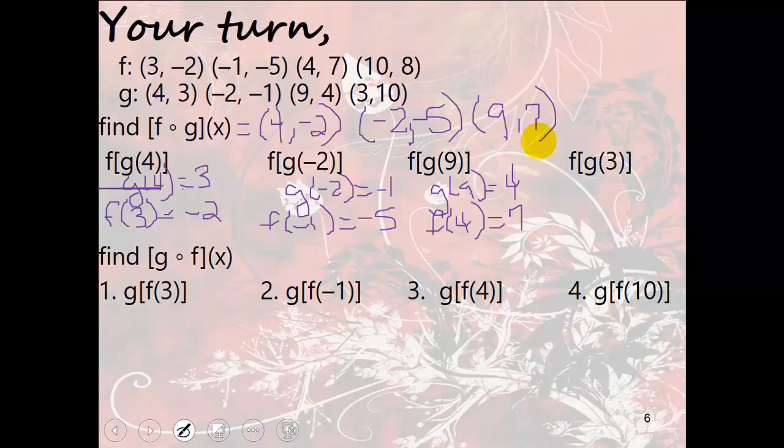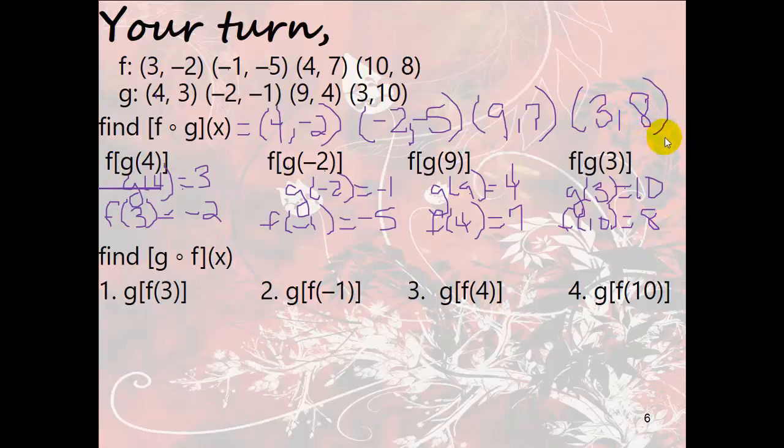Again, we're going to find G of 3. G of 3 is equal to 10. And now I'm going to find 10 as an input in F. So F of 10 is equal to 8. So my original input was 3, and my final output is 8.